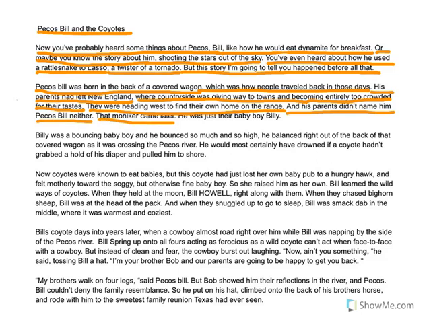That moniker came later. He was just their baby boy Billy. Billy was a bouncing baby boy, and he bounced so much and so high, he bounced right out of the back of that covered wagon as it was crossing the Pecos River.